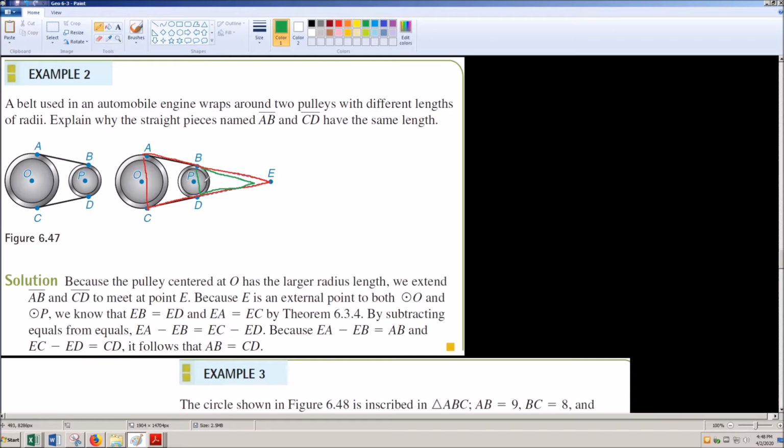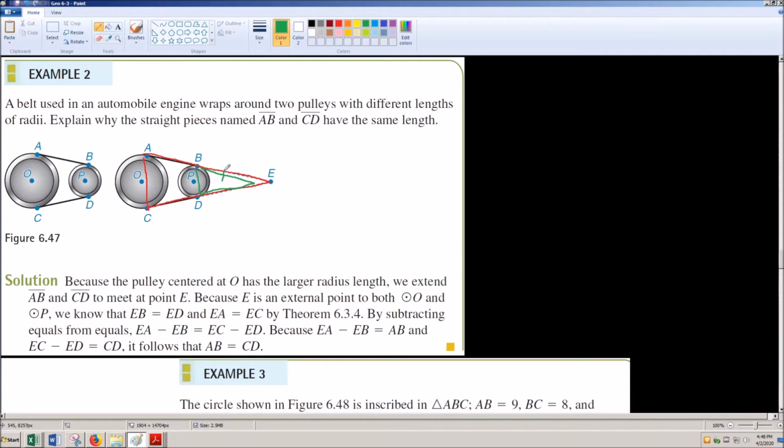When we're looking at these things, we've talked a lot before about, okay, if I have two similar triangles, then the proportions are going to be the same, and so I'd get congruency here if these two line segments were the same. So as I look at this thing, basically we have the first one centered at O, and this one is using AB and CD to reach this next pulley centered at P. So basically, E is external to both of them, and so we know that EB is equal to ED, which is this part up top here.